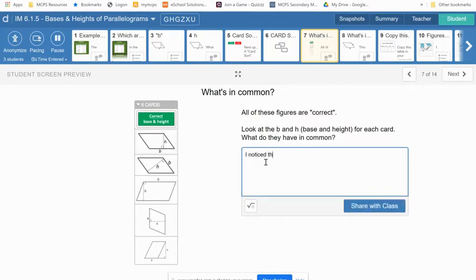I noticed that they create perpendicular lines that form a 90-degree angle when the base and the height meet or cross.